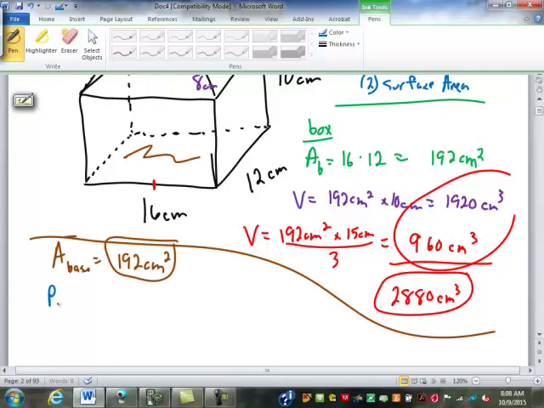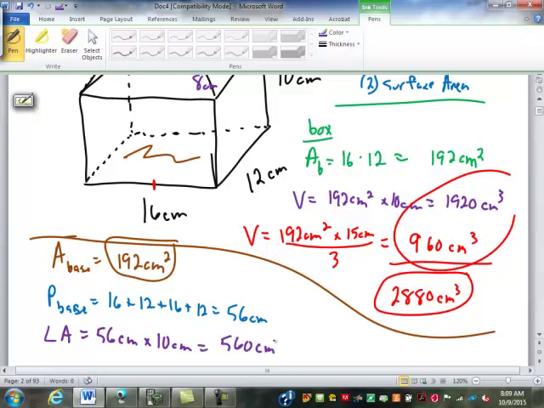But for lateral area, we need the perimeter of our base, which is 16 plus 12 plus 16 plus 12, otherwise known as 56 centimeters. So the lateral area is 56 centimeters times the 10 centimeter height, or 560 centimeters squared. Notice these are rectangular, so we didn't have to divide by 2.